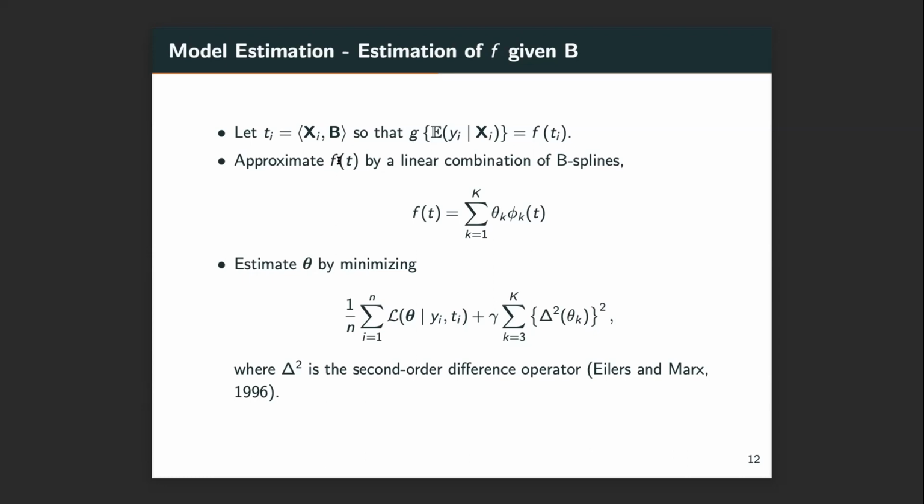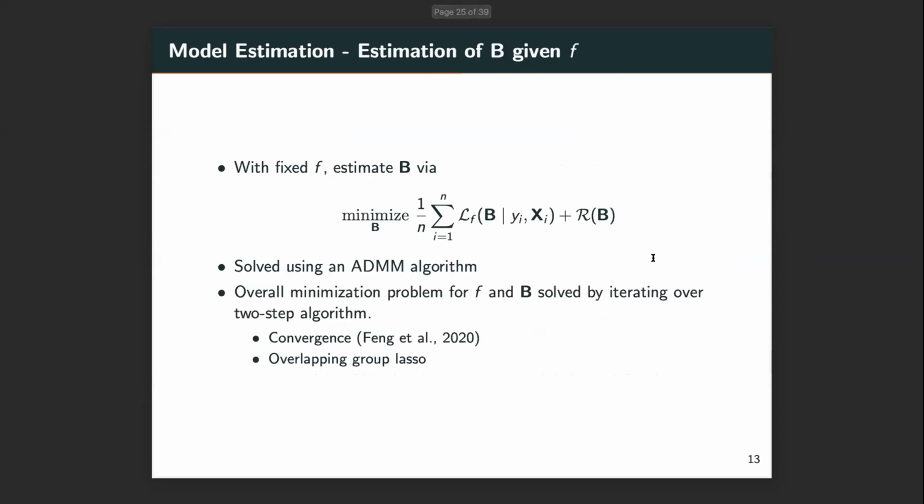We're going to approximate f using a linear combination of B-splines, and we're going to estimate the coefficients of these B-spline basis functions using penalized splines. We're going to use the second order difference operator penalty per Eilers and Marx. And this is much easier than the next step. Basically, you can just use your favorite penalized spline software package.